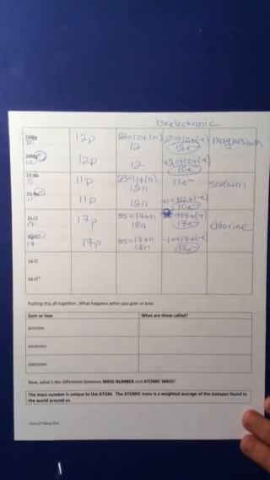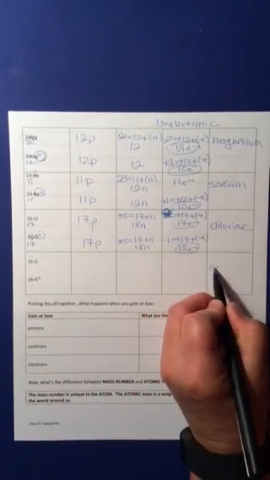Okay? And then last but not least, O is oxygen. If you see it on the periodic table, you see there are 8 protons, so we're good there. This particular atom has 8 neutrons. This one also has 8 neutrons, 8 electrons.